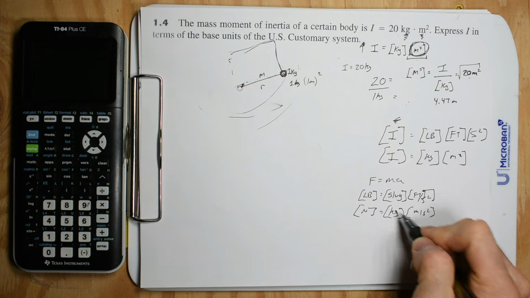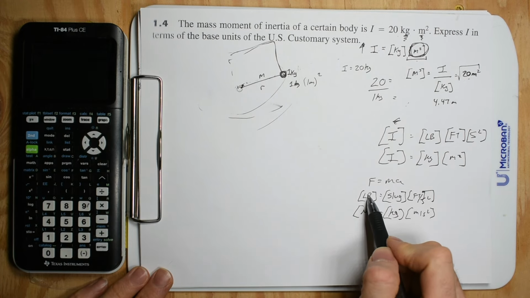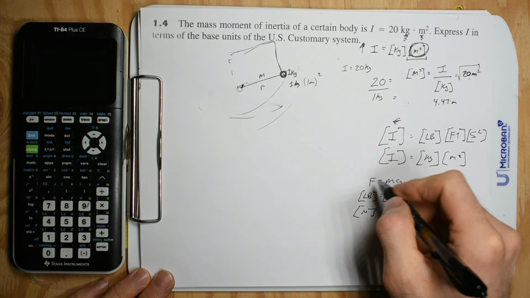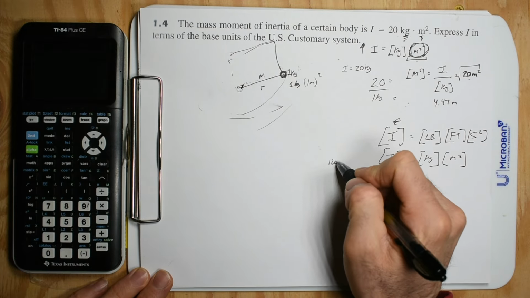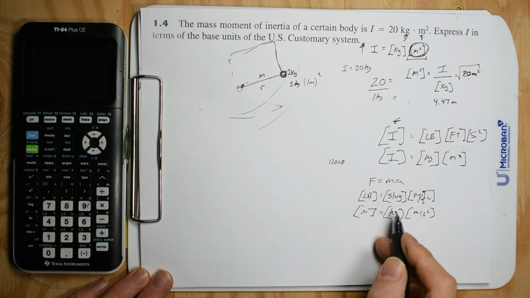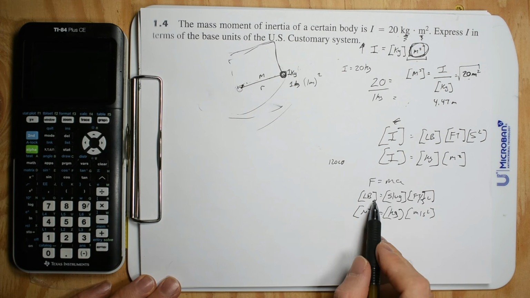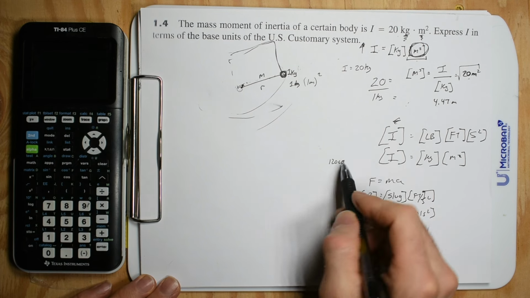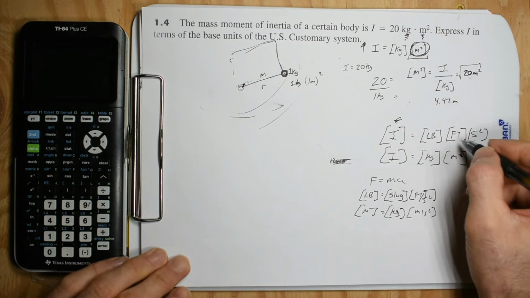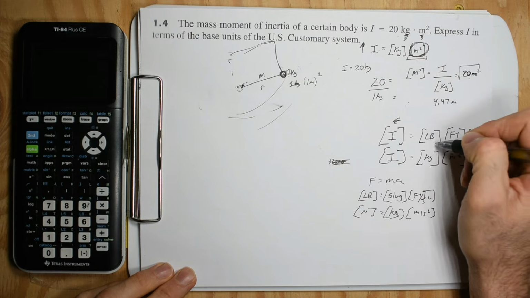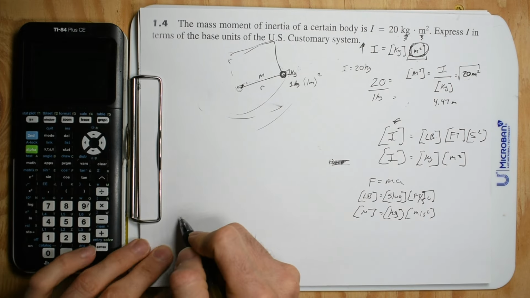So anywhere you see something that says pounds, like if someone says, "Hey, I'm 120 pounds," on Earth you can find their slugs, but unit wise, you can just take this pounds.